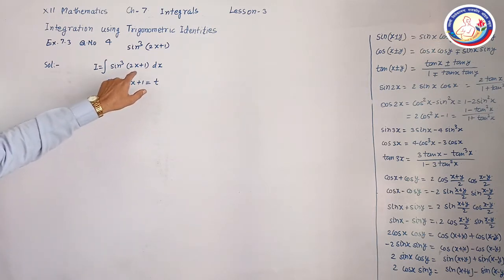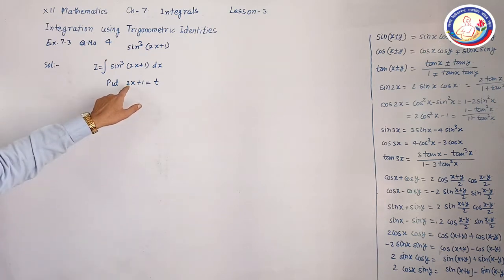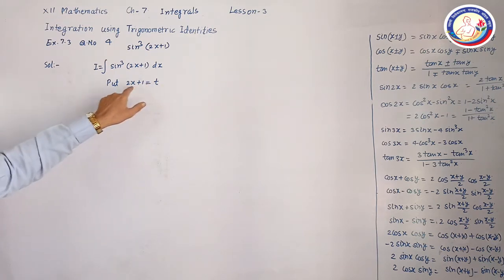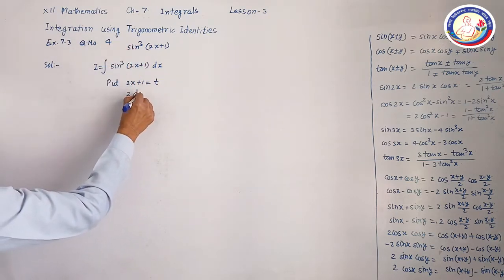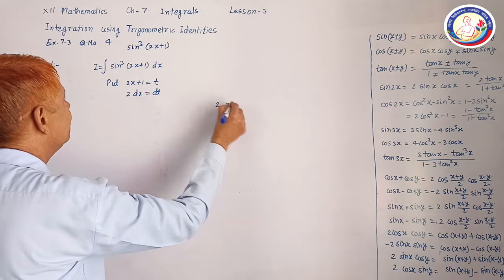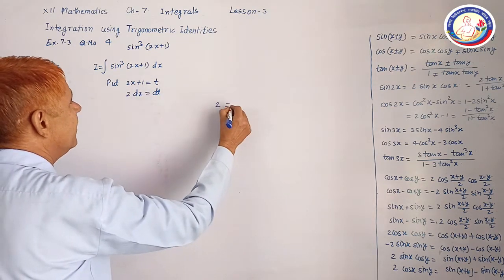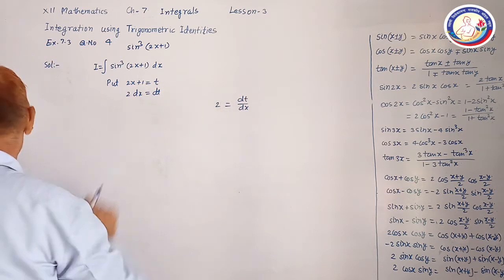Sine cube is not in the required form. So first of all, we will substitute t for 2x plus 1. Then 2 dx will be equal to dt, since the derivative of this is 2 plus 0, and this will be dt by dx. So we will get this result.